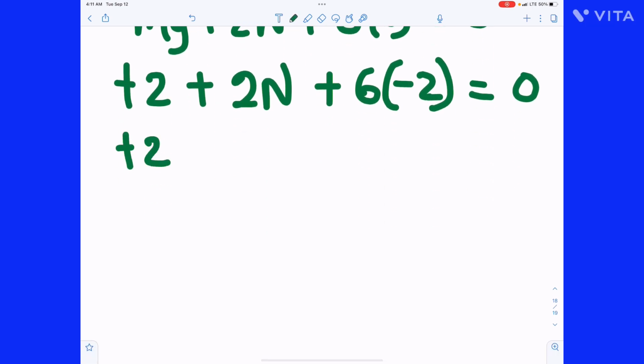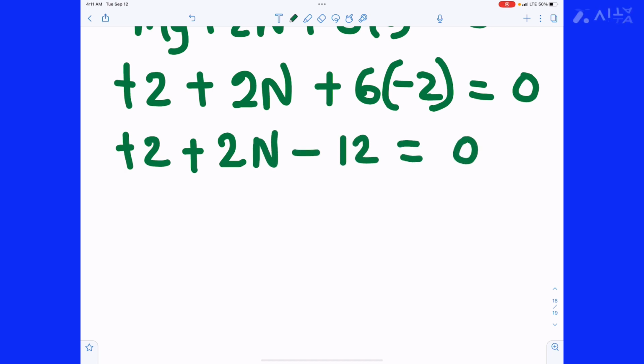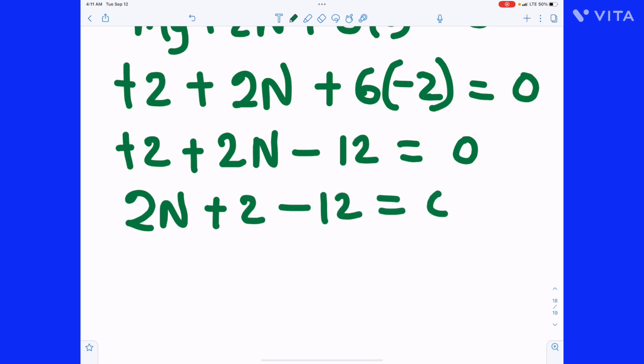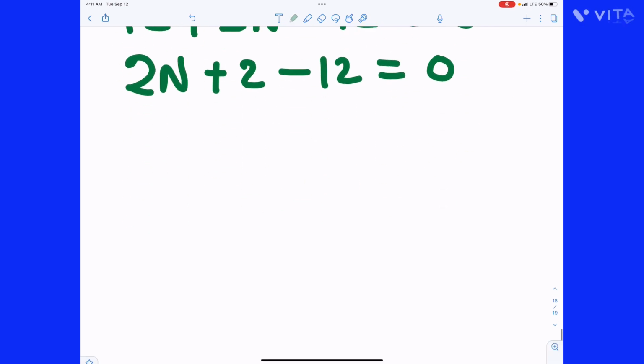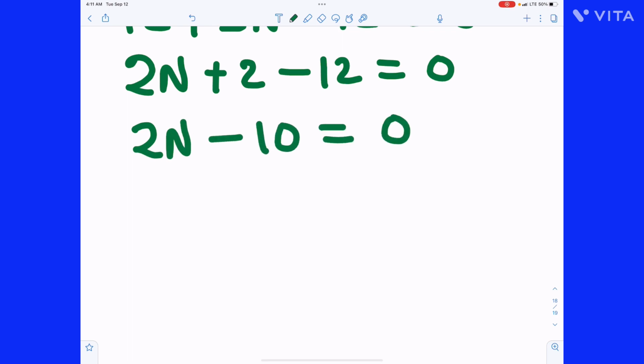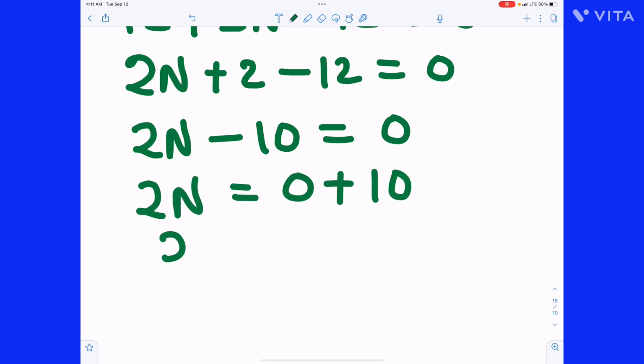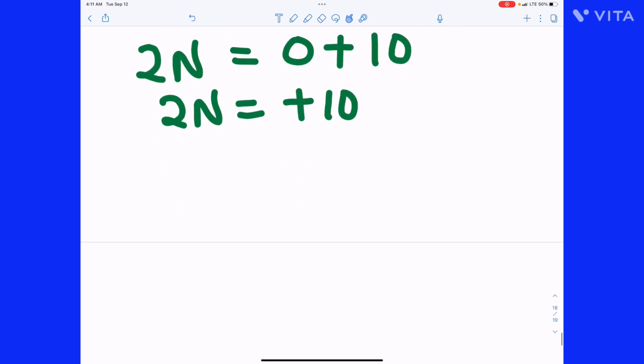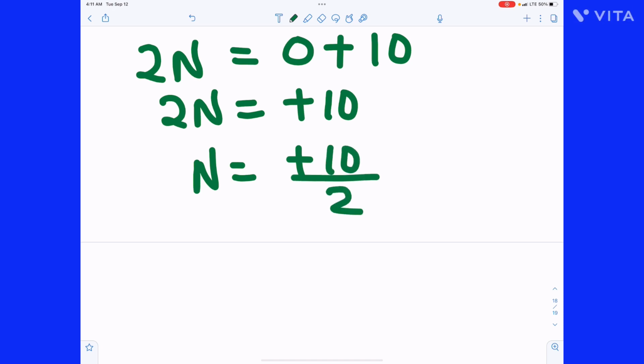So plus 2 plus 2n minus 12 is 0. So 2n plus 2 minus 12 is 0. 2n minus 10 is 0. So 2n is 0 plus 10. 2n is plus 10. N is plus 10 over 2.